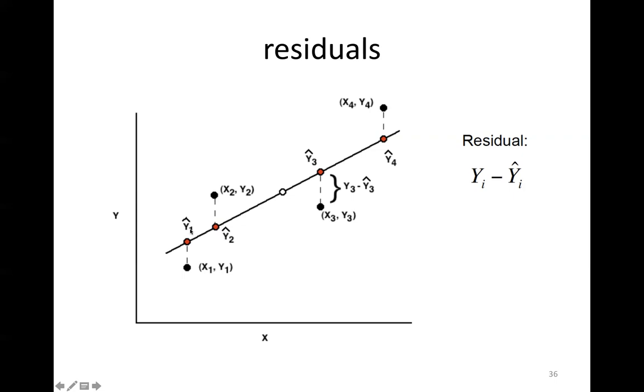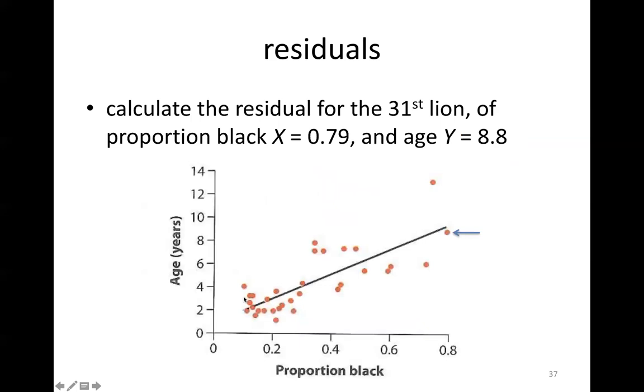Of course, these predicted values, we can only calculate after having calculated the regression line. Okay, so the residuals are y minus y hat values, which are different for each data point.